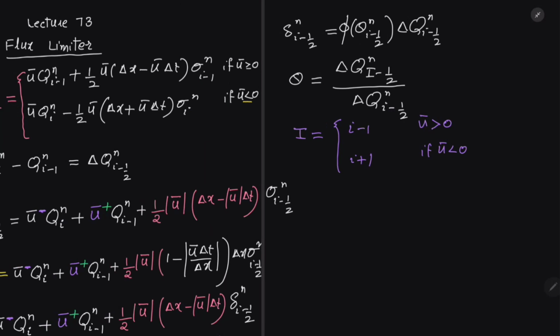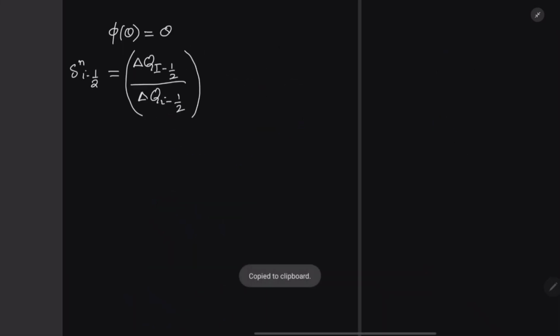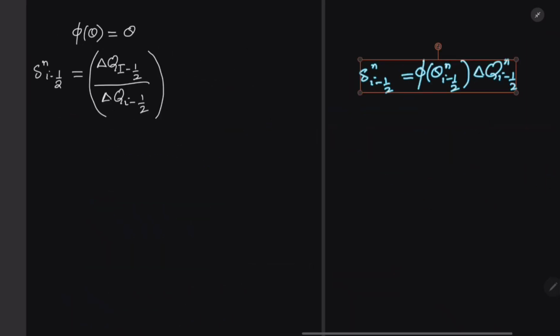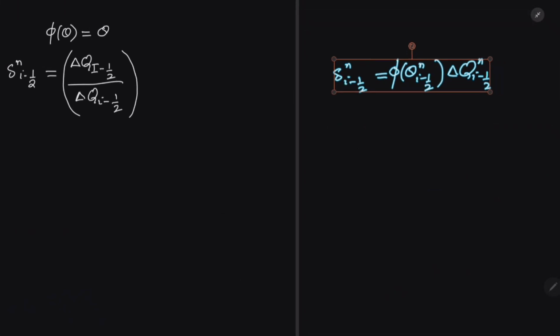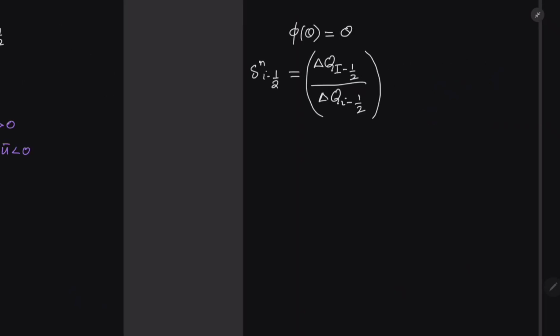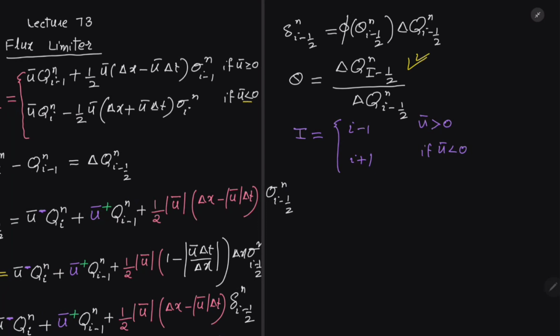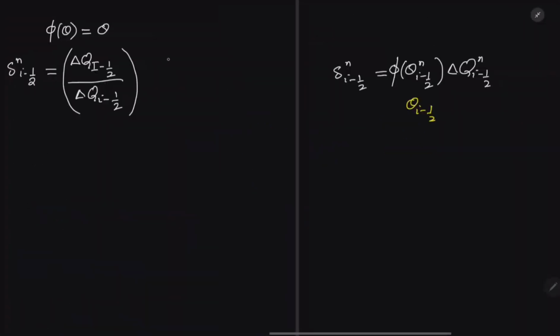If you put this phi over here, where theta I minus 1/2 is defined as follows, and this is delta Q n I minus 1/2, you can see that some terms will be cancelled out, and we get delta Q n I minus 1/2.